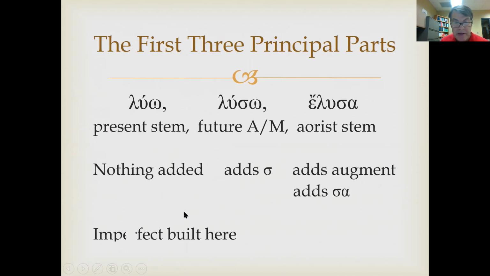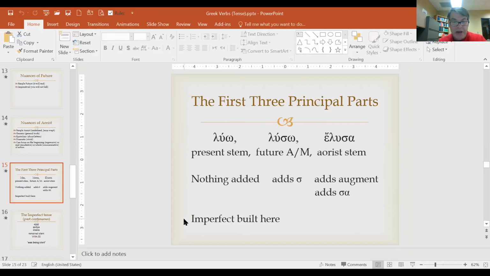Imperfect, what does that say? I can't see because imperfect built here. Okay. I am sorry. I am disoriented. Now I'm back, I think. Am I back?